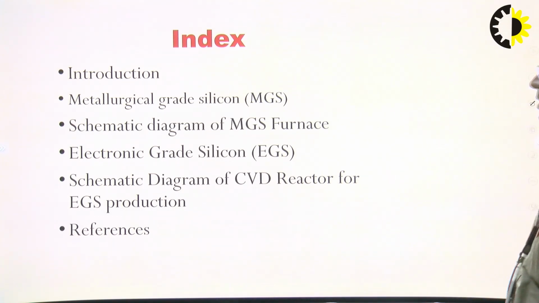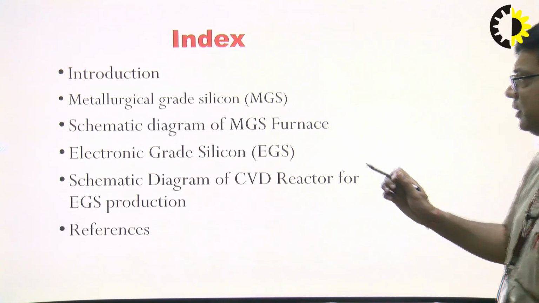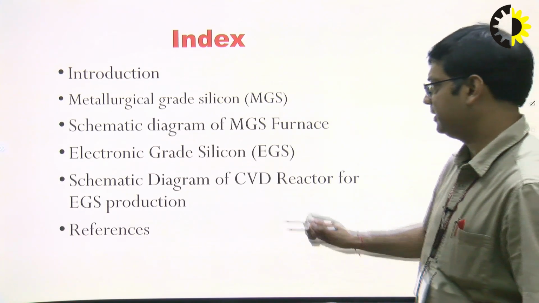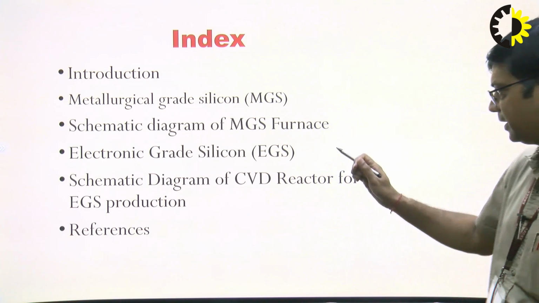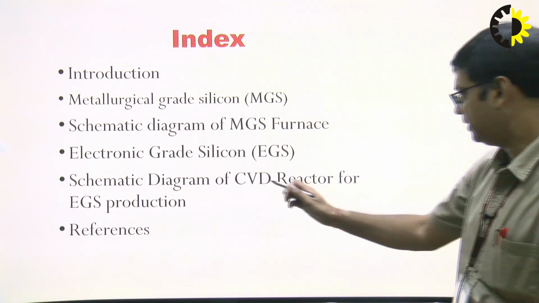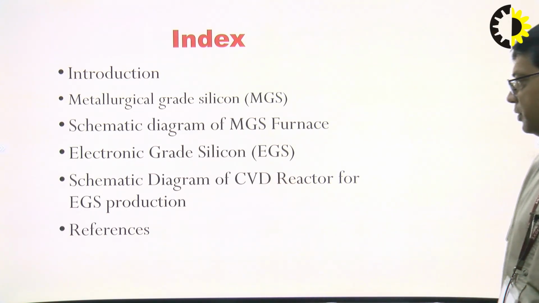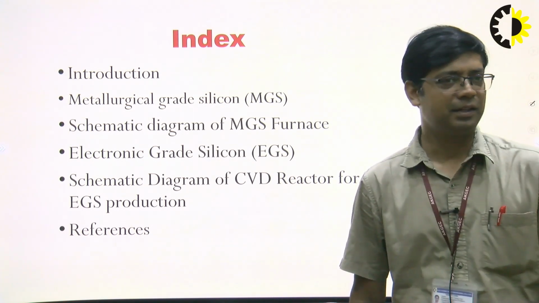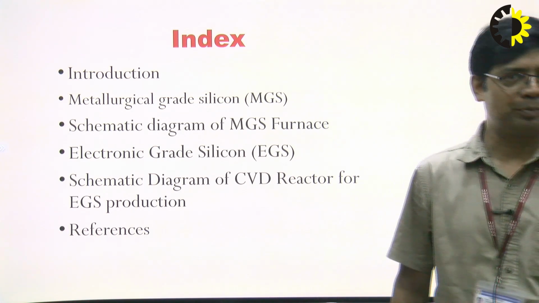In this presentation, we will discuss the introduction, metallurgical grade silicon, its schematic diagram, the electronic grade silicon and the schematic diagram of CVD reactor for EGS production, and in the last, the references that I have used to prepare this presentation.